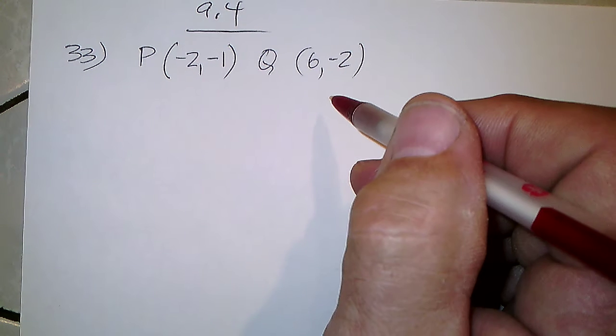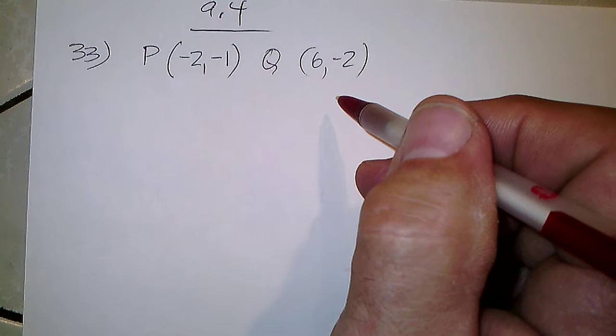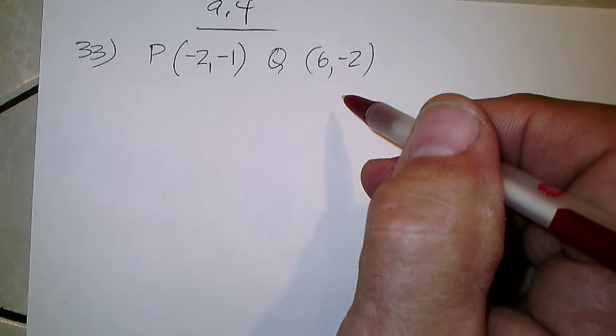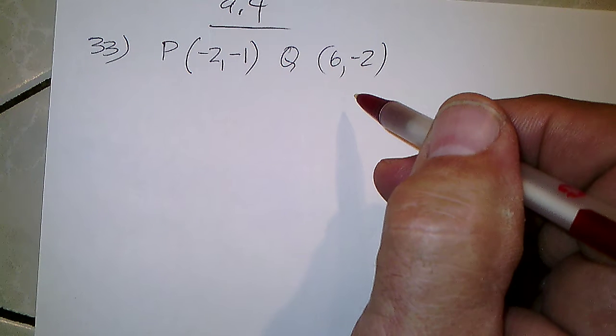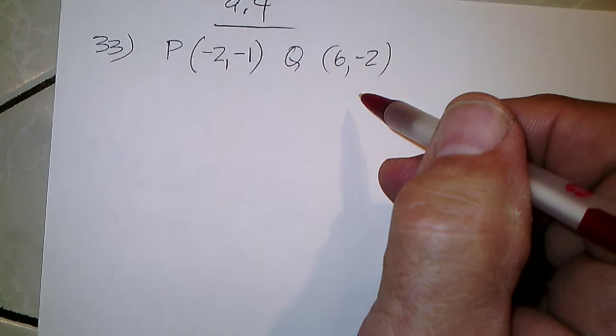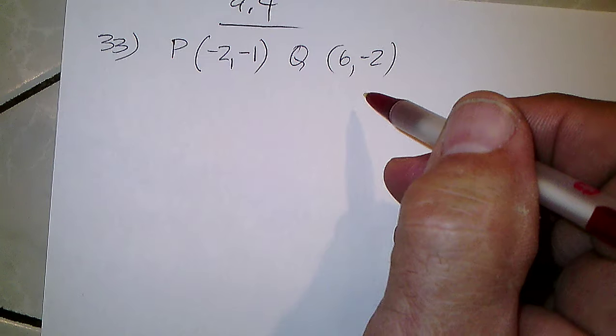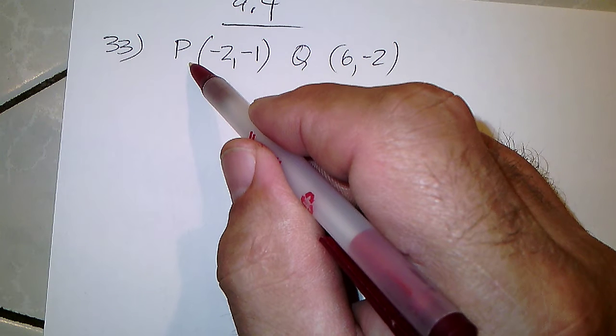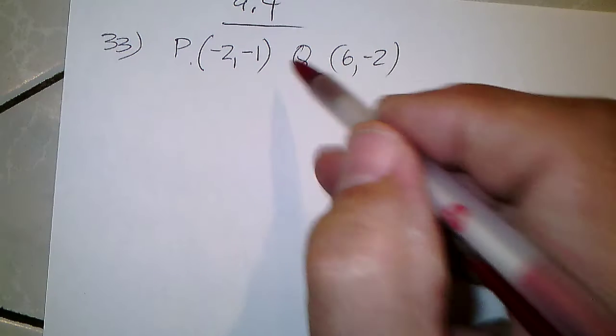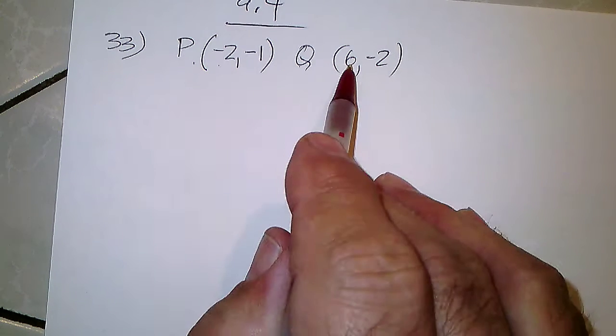And it says write V as a vector in the ai plus bj position vector. And so P is the terminal. No, Q is the end and P is the initial. So it goes from here to there.